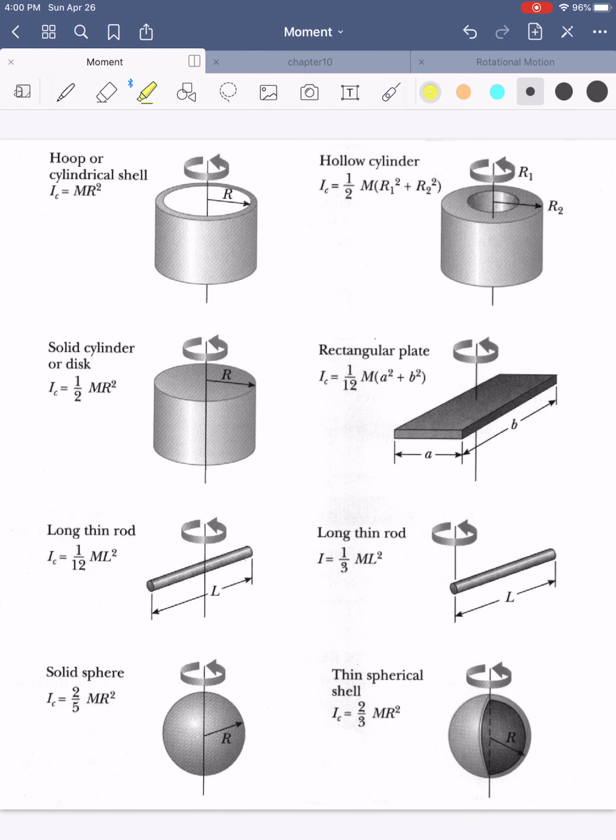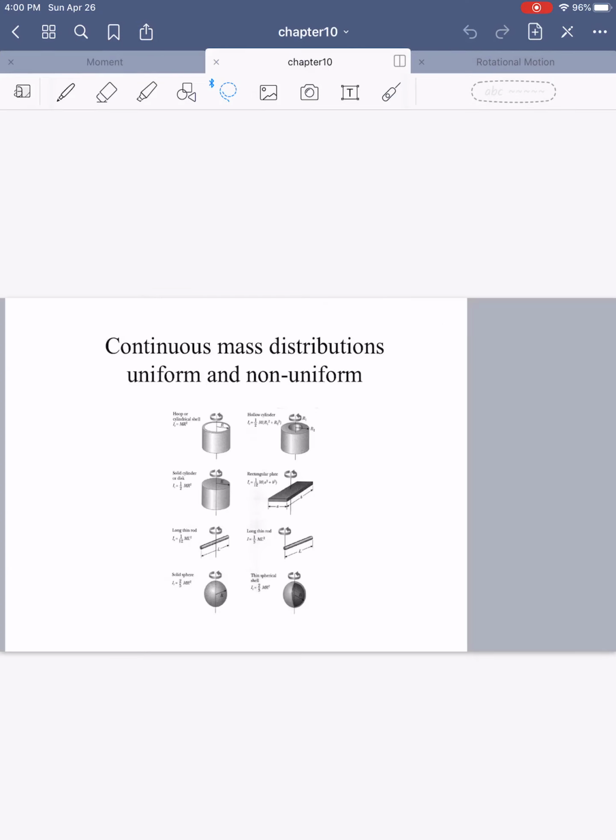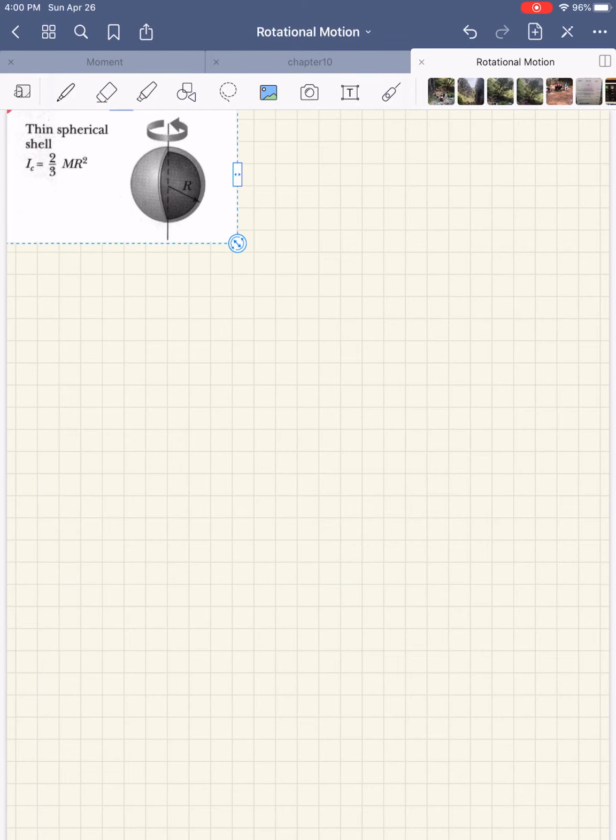We're going to do the thin spherical shell. Before we do the thin spherical shell, I want to find the moment of inertia of a ring. Because when I find the thin spherical shell moment of inertia, I'm just going to treat it as a bunch of stacked rings.